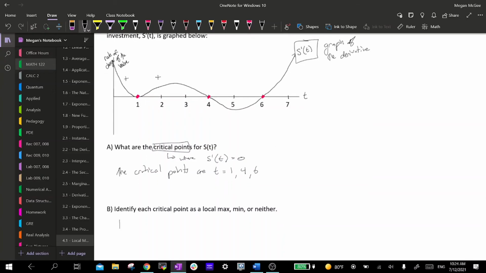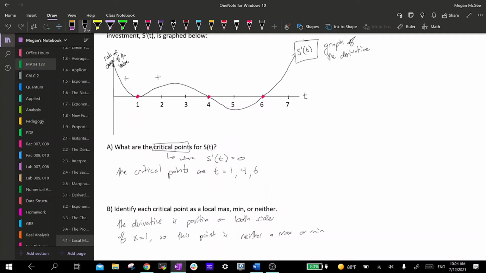So the derivative is positive on both sides of t is equal to 1. So this point is neither a max or min.